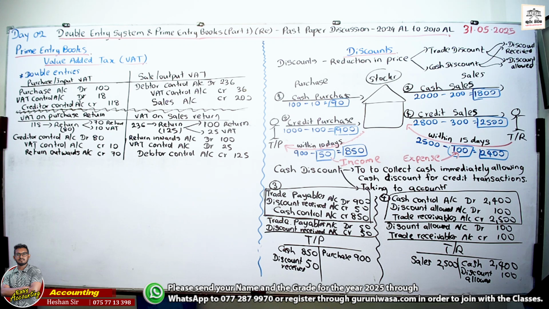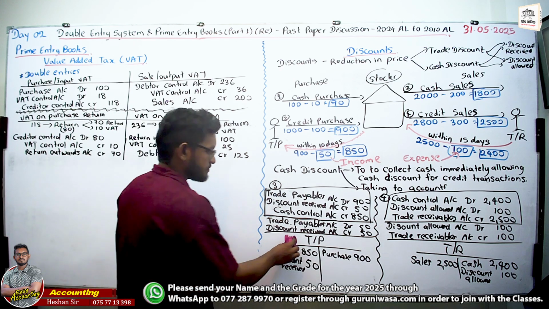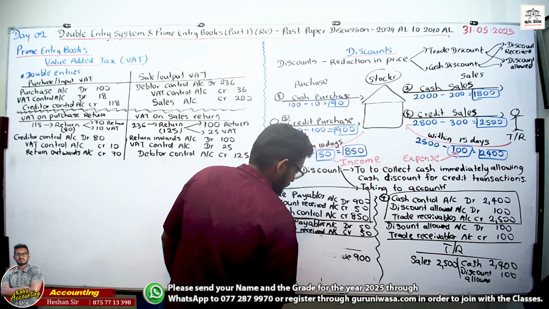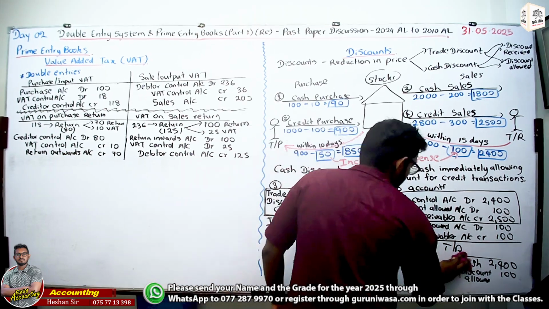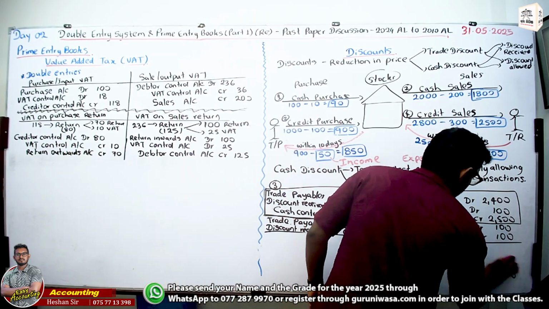Hold on. Right. Now write the last part in here. We haven't discussed the 8 types of primary books yet. I'll discuss it later.